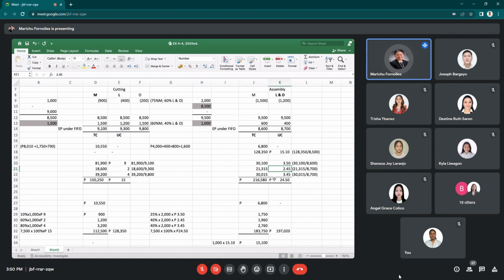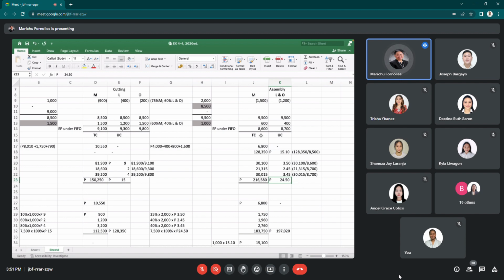For overhead, the overhead this month, 30,015, divided by EP for overhead, 8,700, equals the unit cost of overhead, 3.45. So adding unit cost from PD, the unit cost of materials, unit cost of labor, and unit cost of overhead, you come up with a total of 24.5. That is the unit cost to be accounted for.